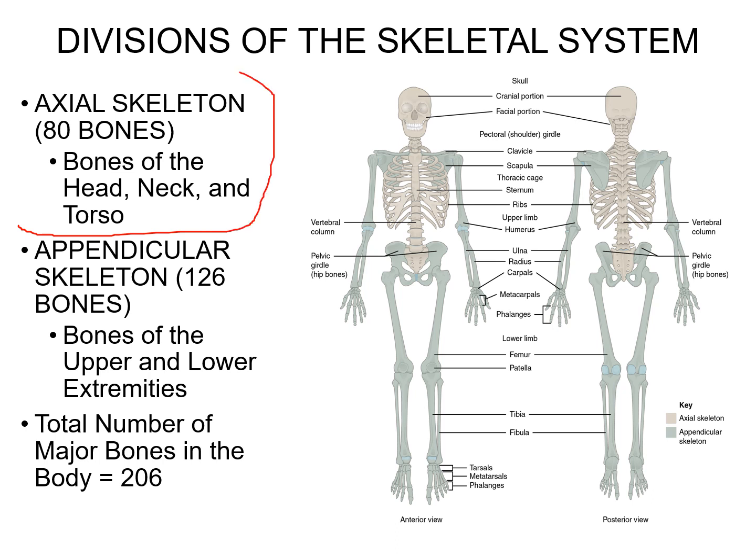The first section is going to be bones that exist in the axial skeleton. Now, the axial skeleton, as you can see, is a total of 80 bones, and it's just the area that's not highlighted in blue.